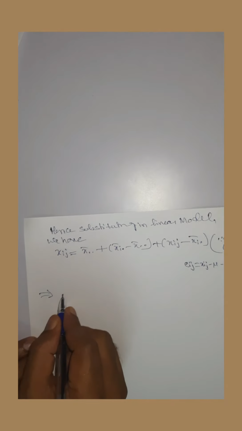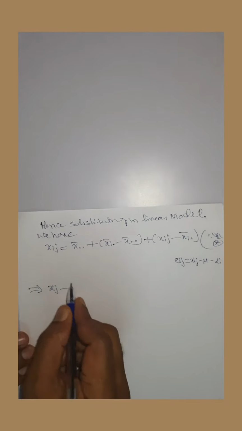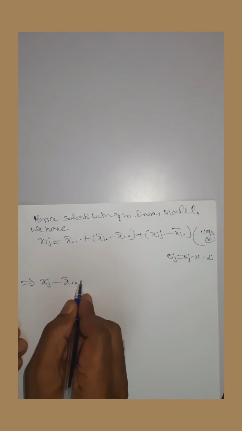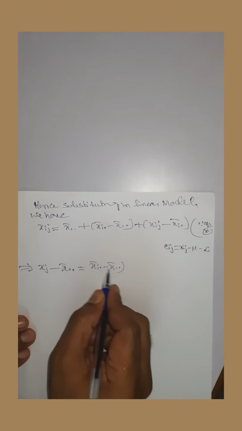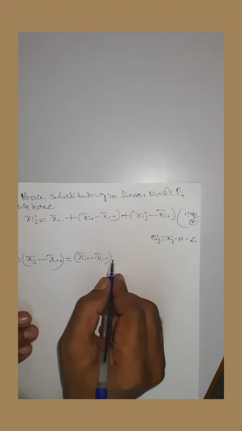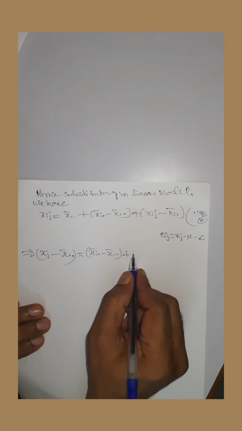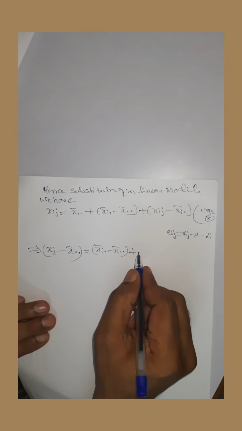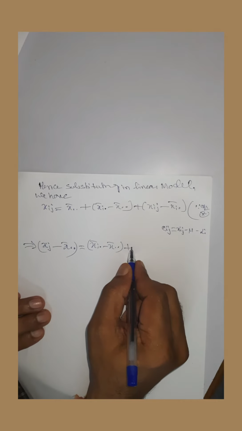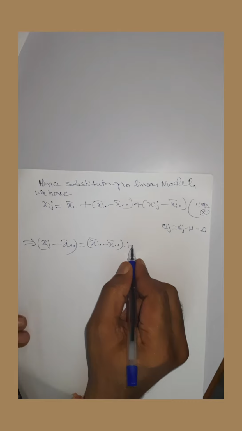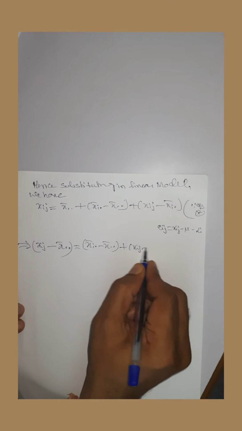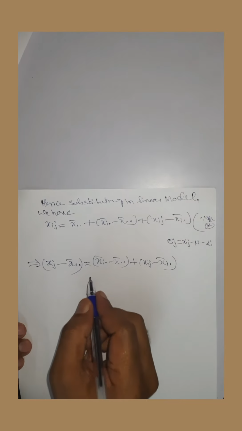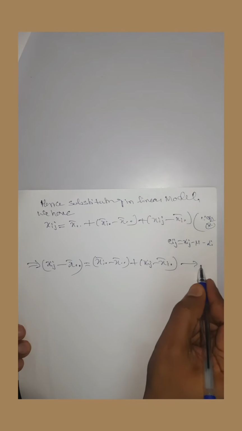This implies xij, take x bar dot dot on the LHS side, xij minus x bar dot dot equal to x bar i dot minus x bar dot dot plus xij minus x bar i dot. That is equation number 7.